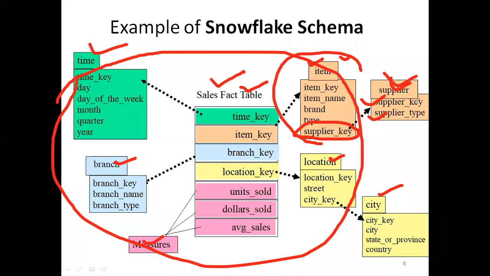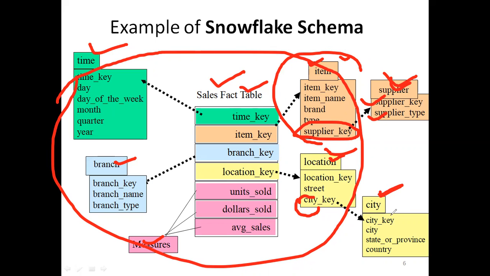Then again, look at the location table. If you carefully look at it, we have location key, street, city key. But if we have some more information about the city, then we will have another dimension out of it, right? So that is city.